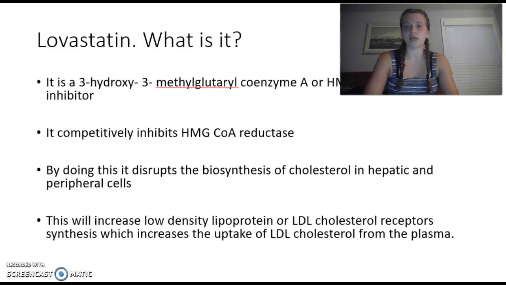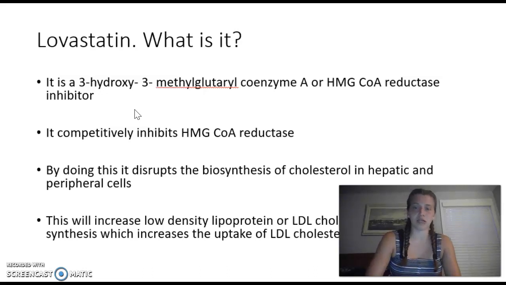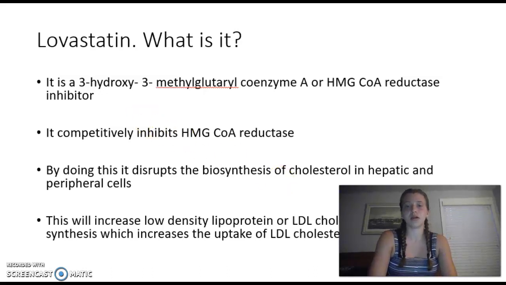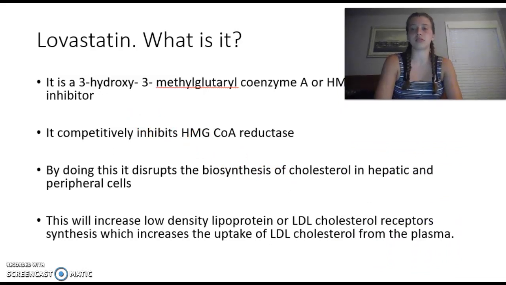So what is it? Here, I can move myself so we can see all my words. It is a 3-hydroxy-3-methylglutaryl coenzyme A, and for the sake of me not saying that all the time, it's an HMG-CoA reductase inhibitor. It competitively inhibits the HMG-CoA reductase, and by doing this, it disrupts the biosynthesis of cholesterol in the hepatic and peripheral cells.